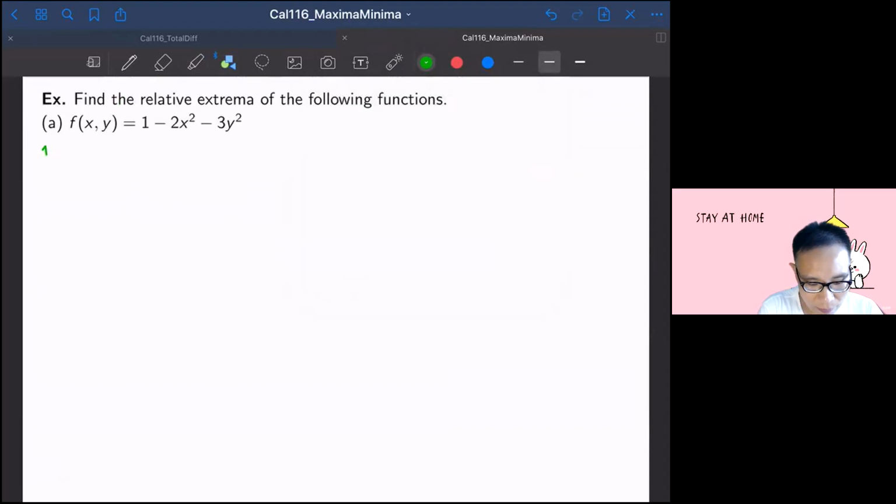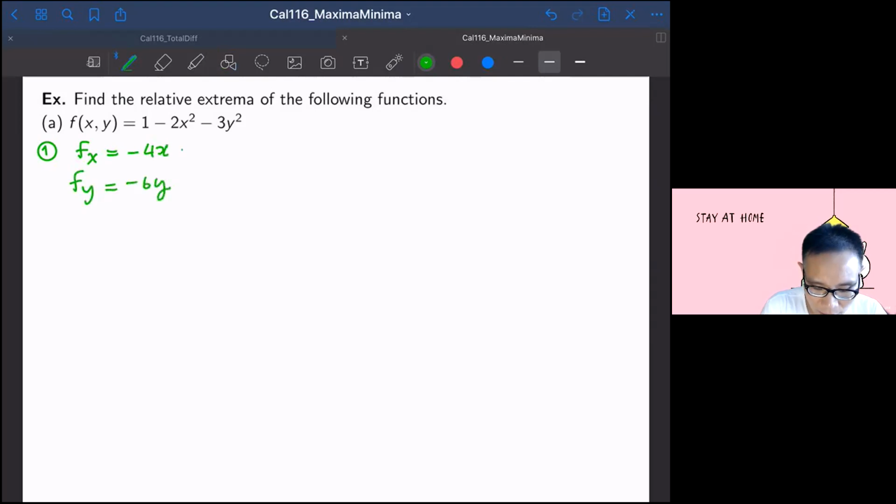The first step is to compute fx and fy for the critical point. So fx is going to be negative 4x, and fy turns out to be negative 6y.